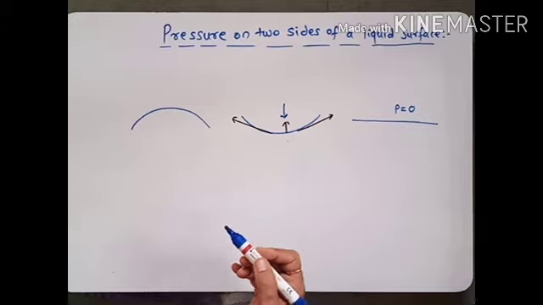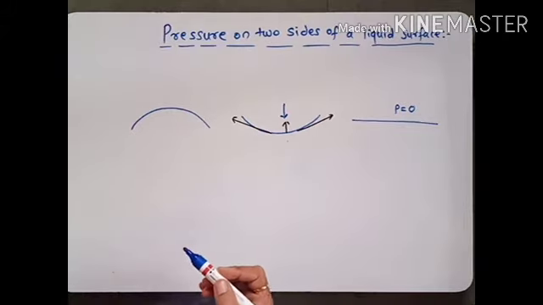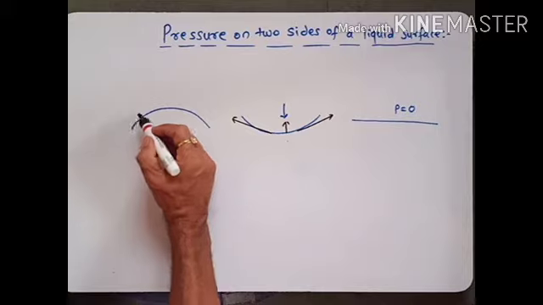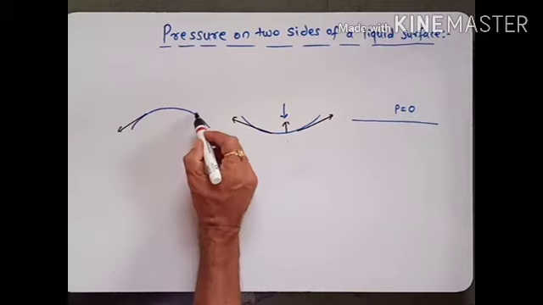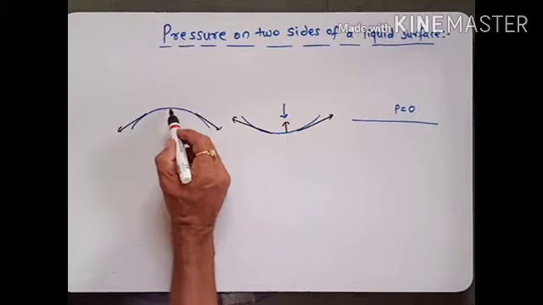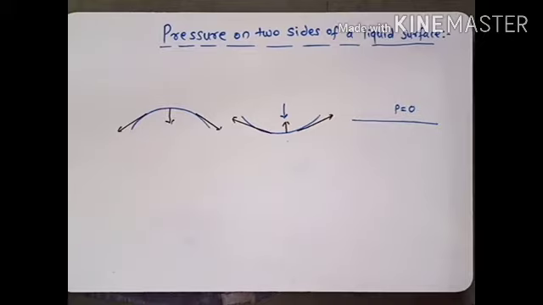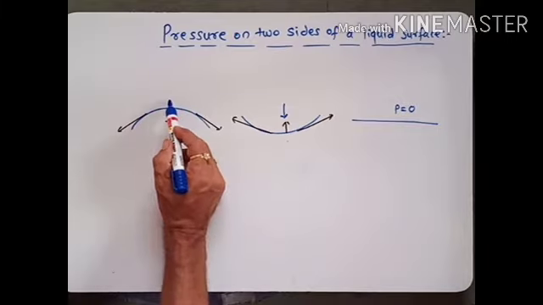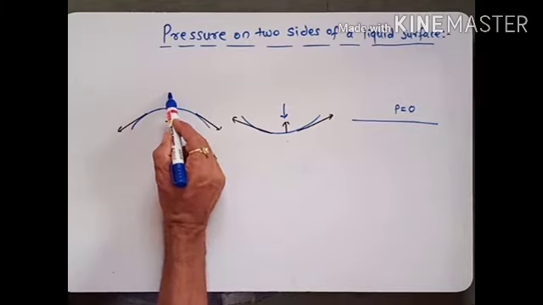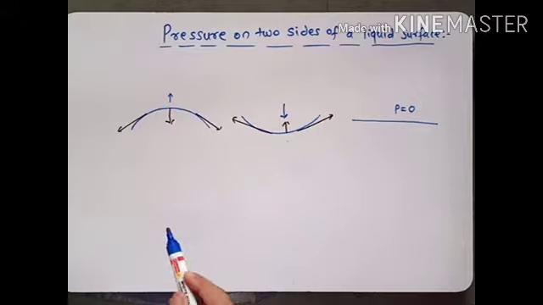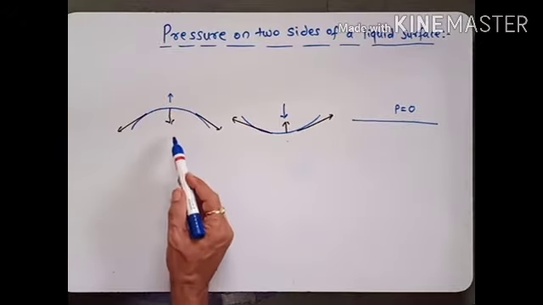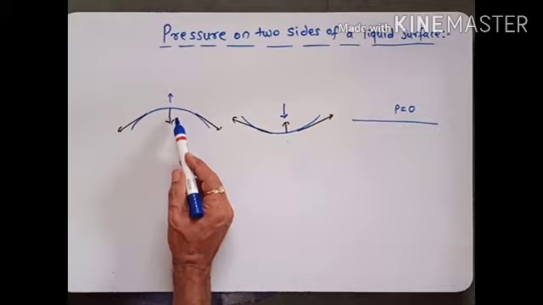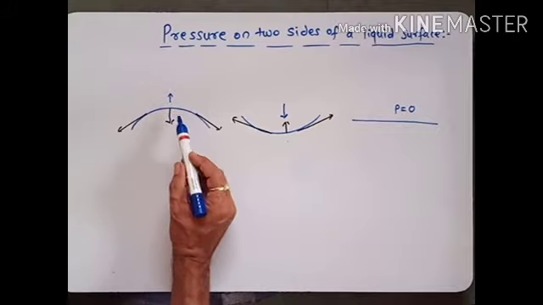Now suppose the surface is a convex surface, and we show the forces of surface tension in this direction, then the resultant is in this direction. The resultant force of surface tension is in this direction, therefore the force here is in the upward direction due to action reaction, and therefore pressure is small.